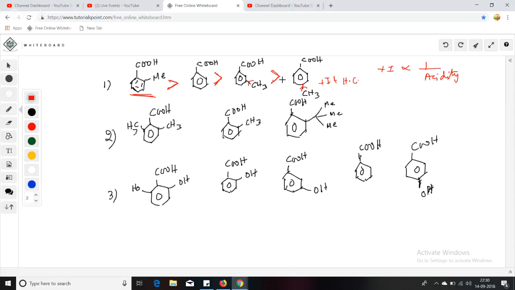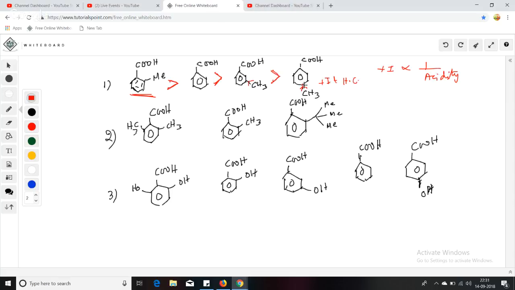So basically, two points you have to keep in mind. At para position, hyperconjugation also takes place. I effect is there, I effect is also here, and here I effect is more, right? So if the I effect of this group is more over here, ideally the acidity of this compound should be less than this.